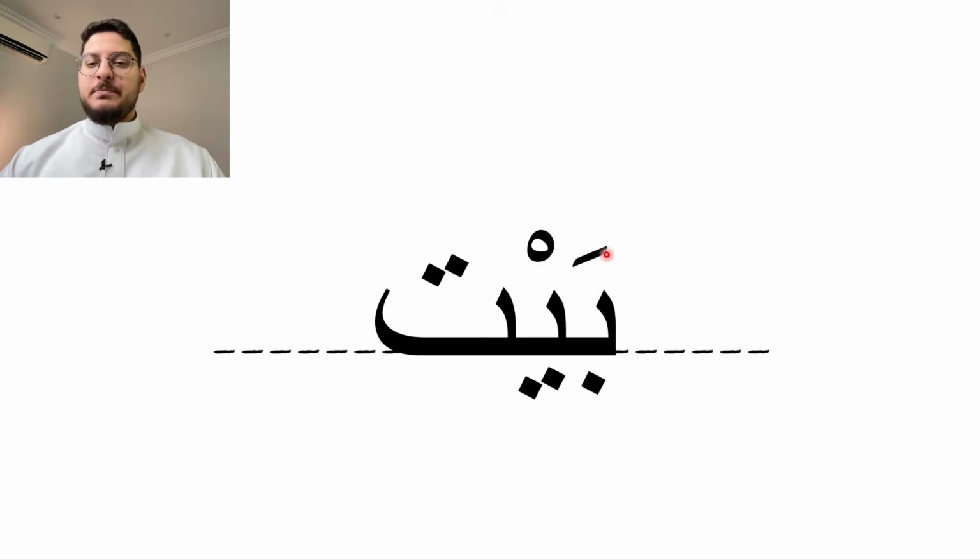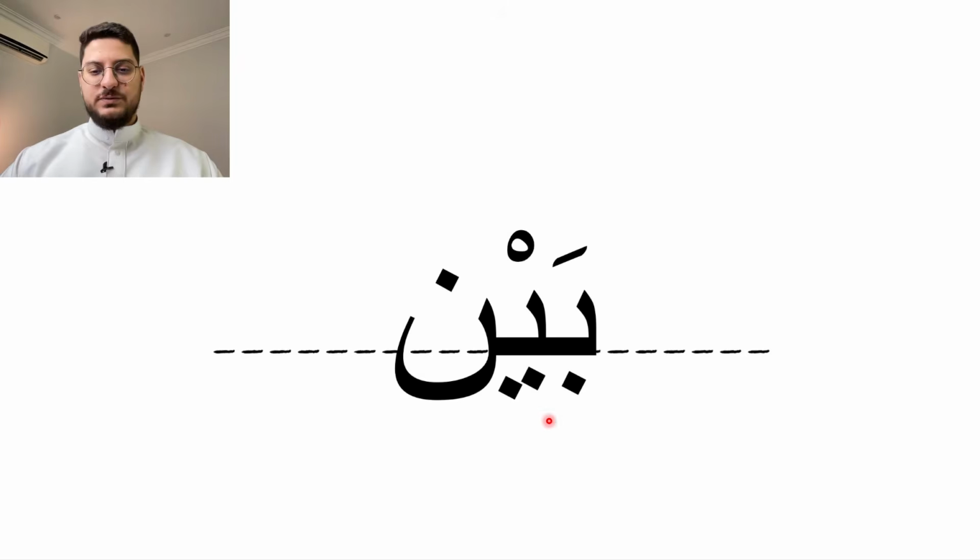So it's bay. Again, bay is how I would read these first two letters. And then what do I have at the end? I have the ta, but with no vowels again, so it's just t, right? So it's bait, and bait is a house.